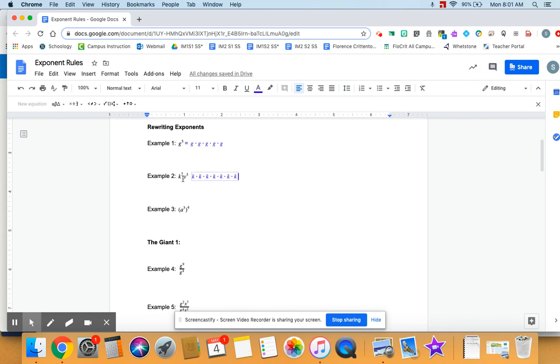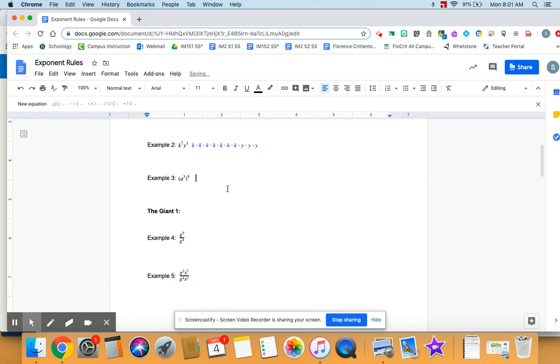And then because there's nothing between the k and the y, it just means times. I put 1 too many k's. There we go. So k to the power of 7, y to the power of 3 means you have 7 k's being multiplied to each other times 3 more y's being multiplied to each other.